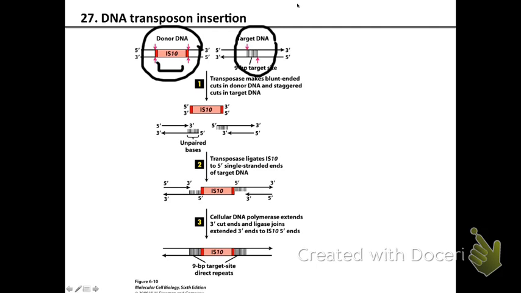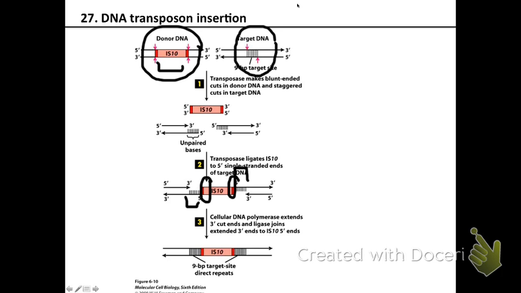What happens next is it takes that DNA fragment that's blunt cut and it inserts it and ligates the two ends to the target site. Okay, but because the target site is cut staggered, what will happen is you're going to have short stretches of DNA here and here that are left single-stranded, correct?